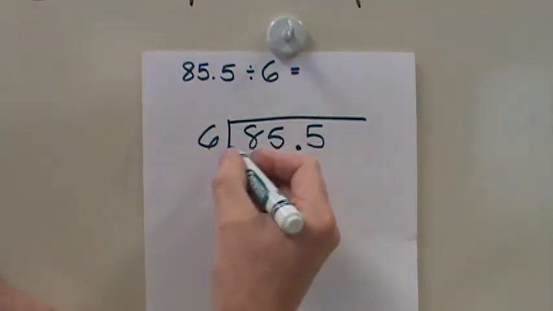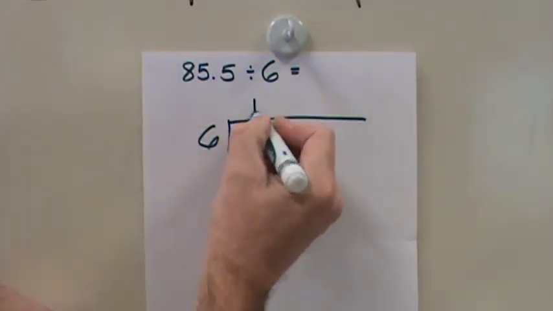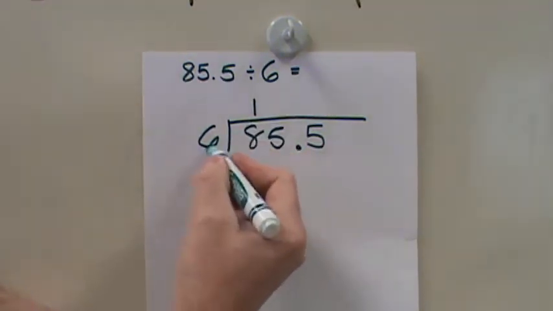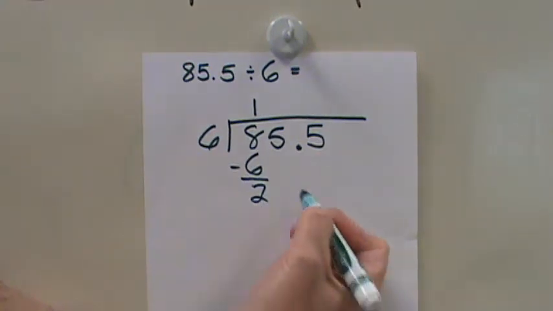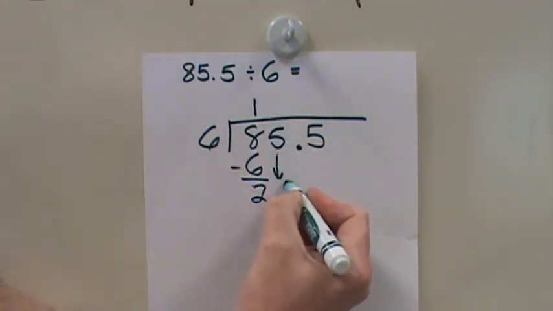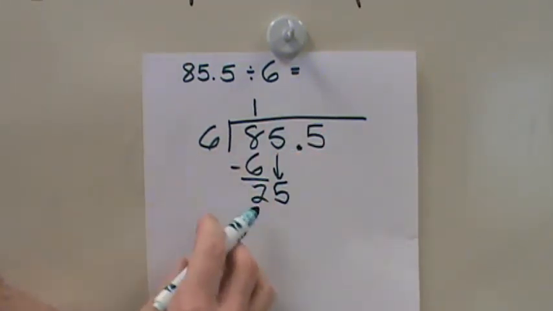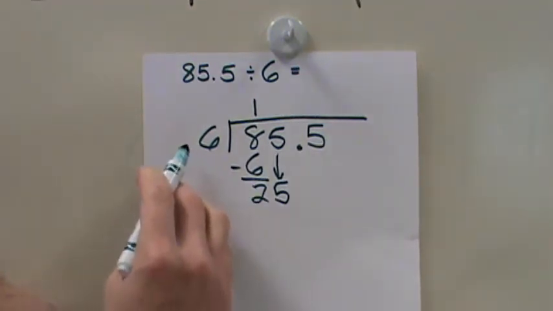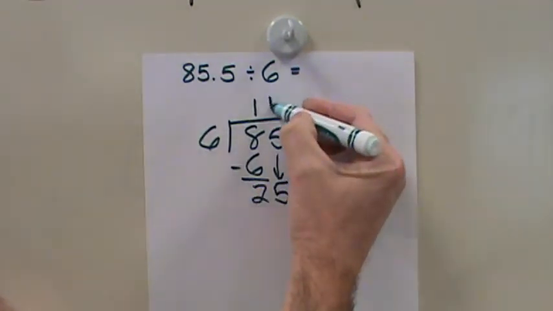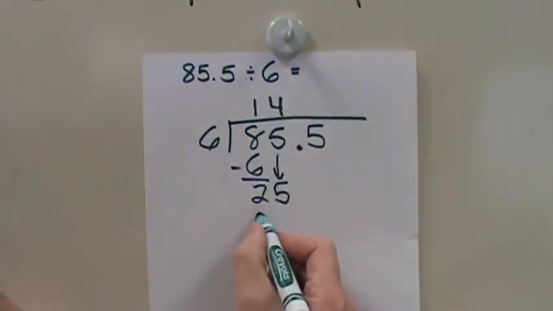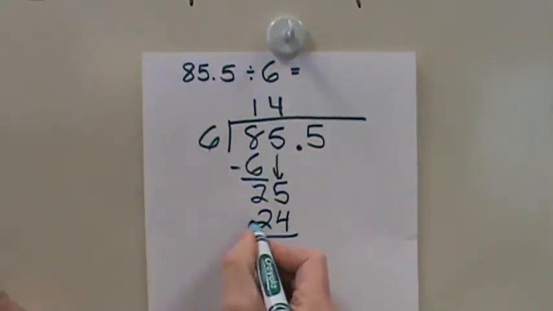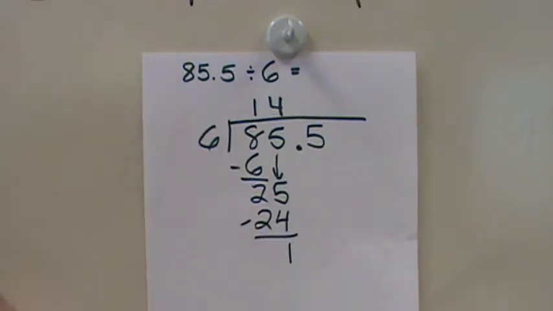So we're going to say 6 into 8 one time. 1 times 6 is 6. Subtract, you have 2. Bring down your 5, and you have 6 into 25. 6 will go into 25 4 times. 4 times 6 is 24. Subtract, and you end up with 1.